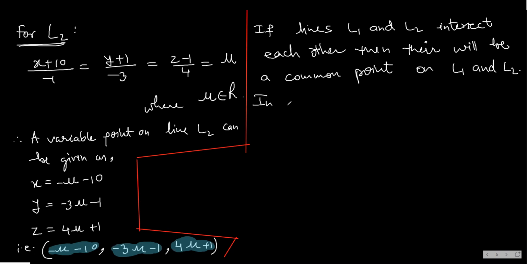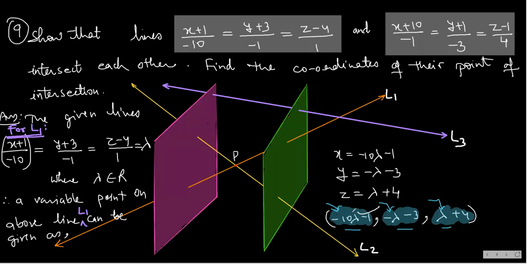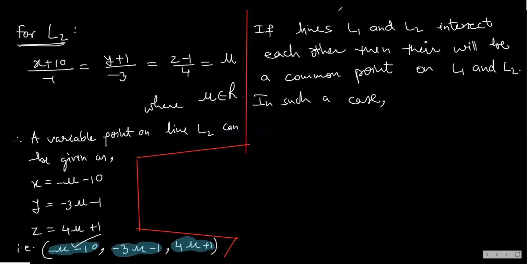In such a case, this X coordinate will be equal to this X coordinate. So I will write minus 10 lambda minus 1 equals minus mu minus 10. This is number 1.